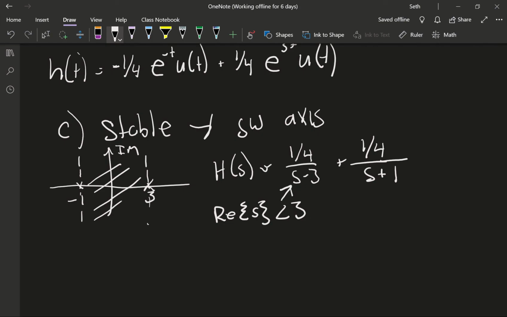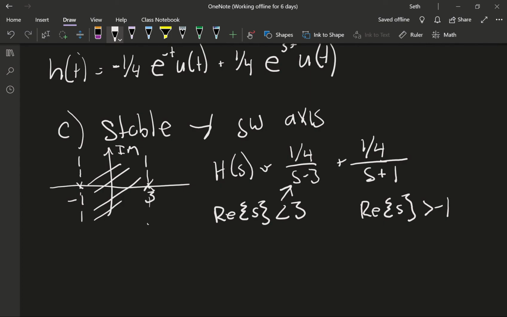That goes there, that's the condition on that. And we want the real part of s to be greater than -1. So we go to our table of transforms.